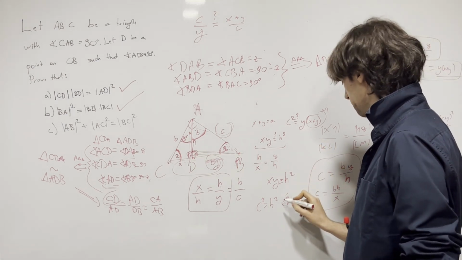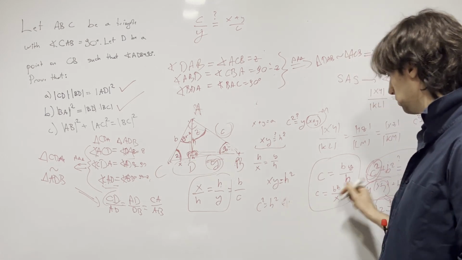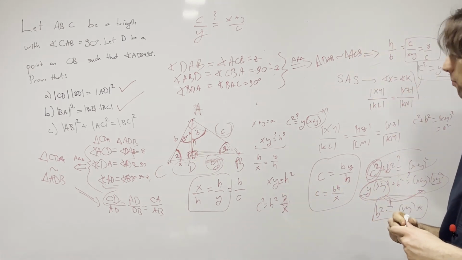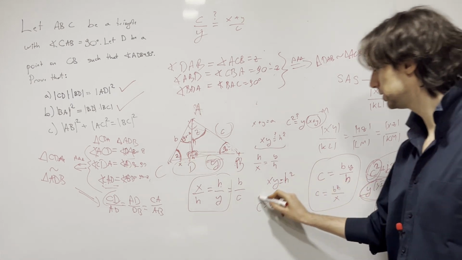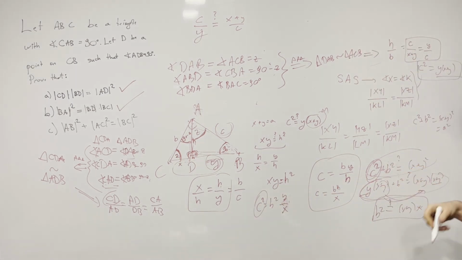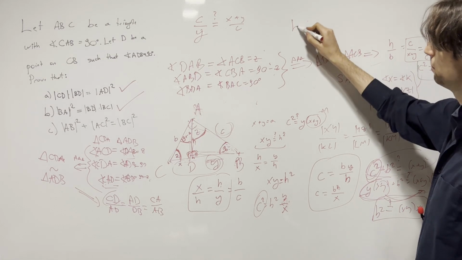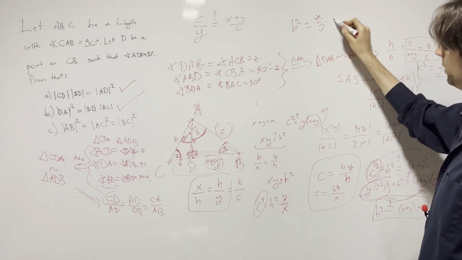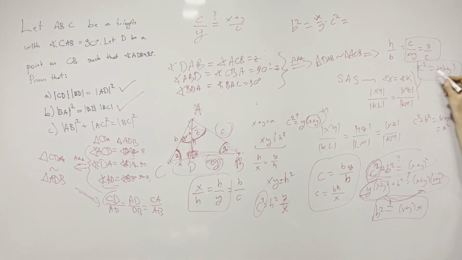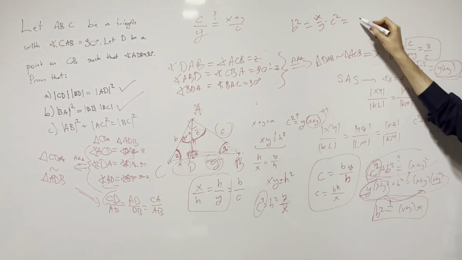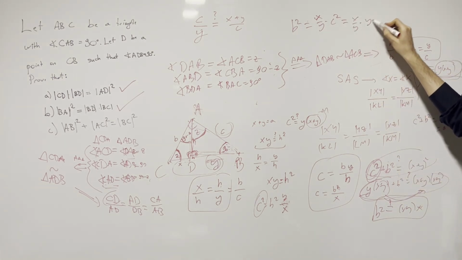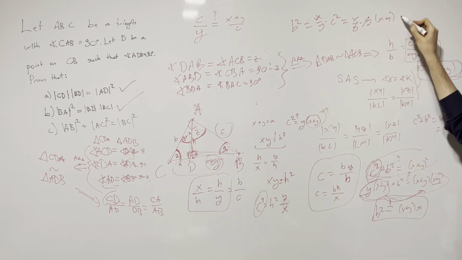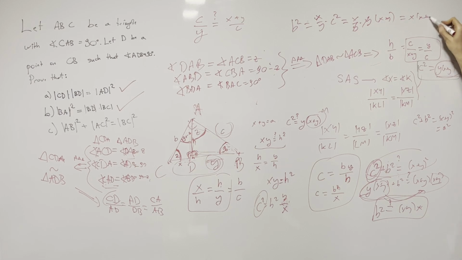So I have that this is equal to, in fact, B squared times Y over X. Now I know C squared in terms of Y and X, so I have that B squared is equal to X over Y times C squared, which is equal to X over Y times Y, X plus Y. And now these cancel out, and this is X times X plus Y.